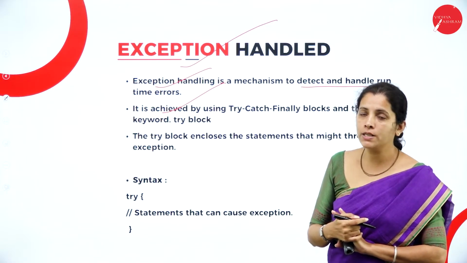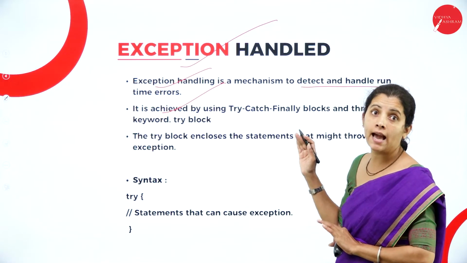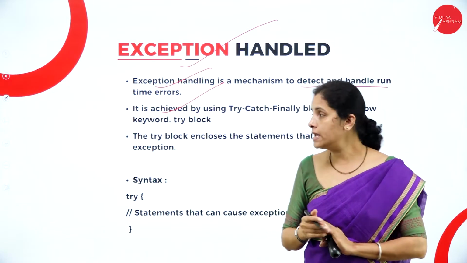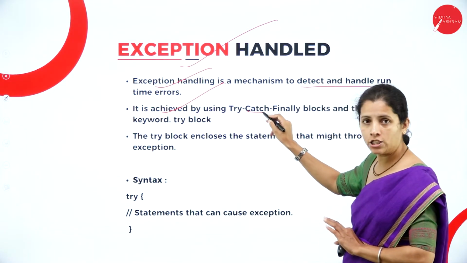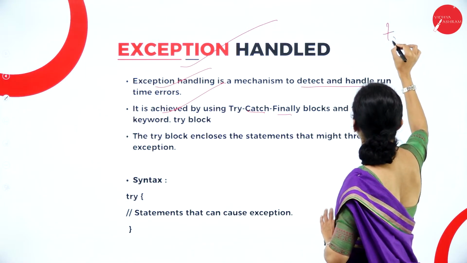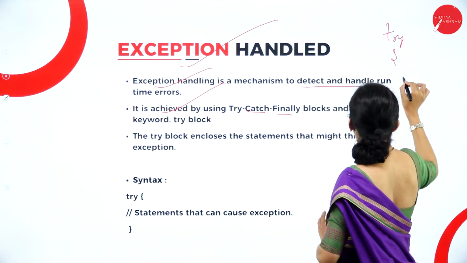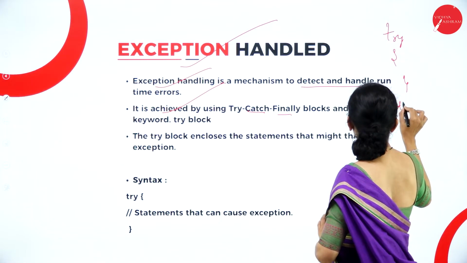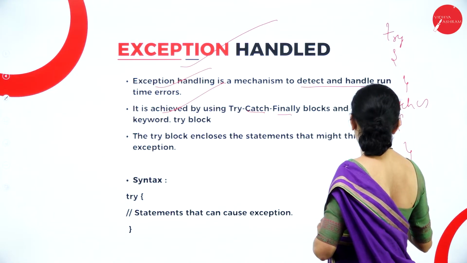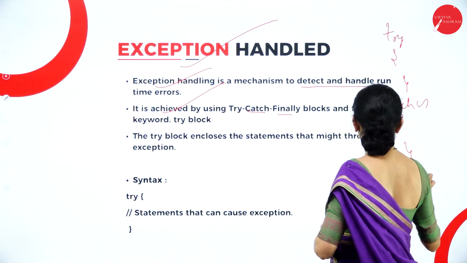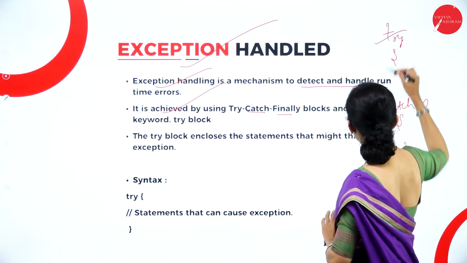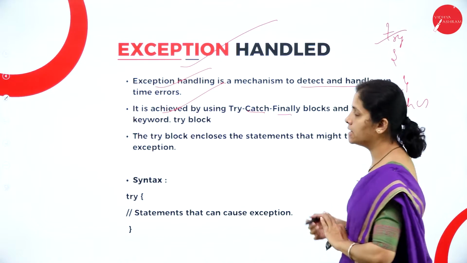So what's the sequence of using try, catch, finally block? At the beginning I have try, that is followed by catch, and that is followed by finally. So here exception can be handled effectively by using try, catch and finally.